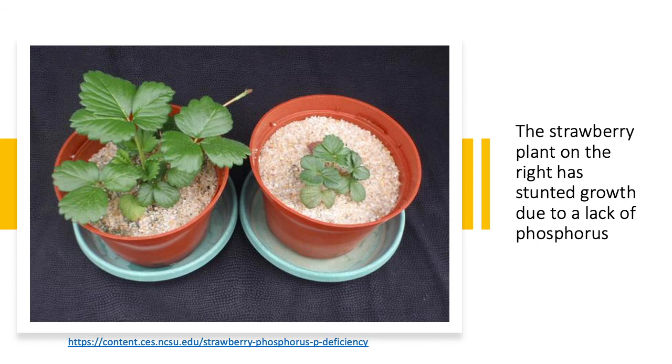As a result, it can't make enough things like phosphate groups that are in ATP, for example, and it isn't able to grow. The strawberry on the left could be an identical genetic clone to the strawberry on the right, but since it has access to phosphorus, it can grow to be a lot bigger.